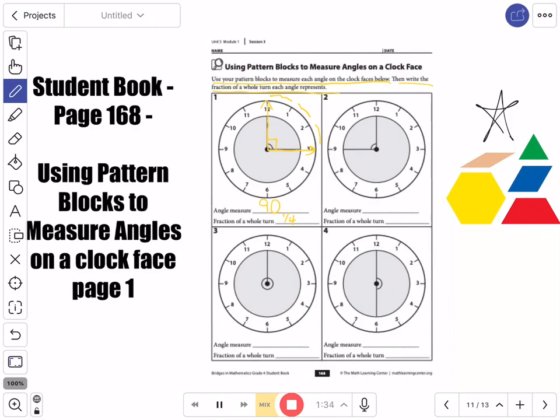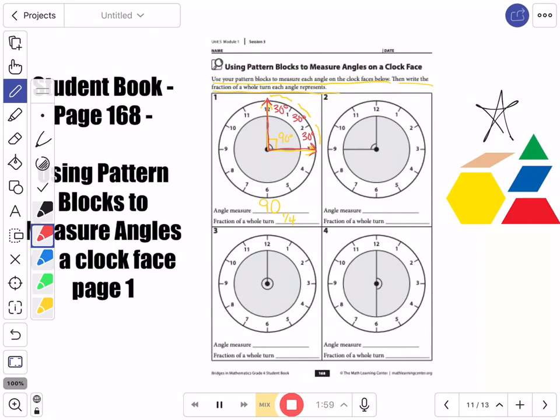Now, I want you to think about one more thing here. I want you to think about how on a clock, we went from 12 to 1, 1 to 2, and 2 to 3. I know that that's 90 degrees. Now, if I were to split 90 degrees into thirds, I know that 3 times 3 equals 9, which would mean that if this whole thing is 90 degrees, that would mean also that each one of these is 30 degrees.